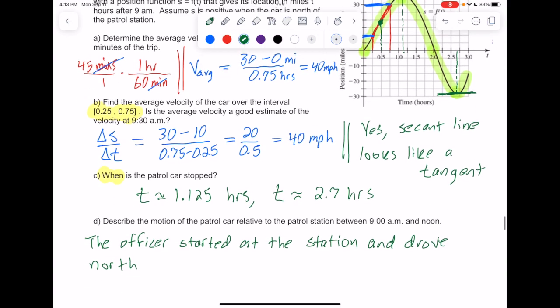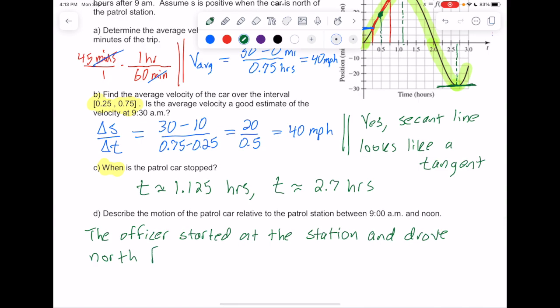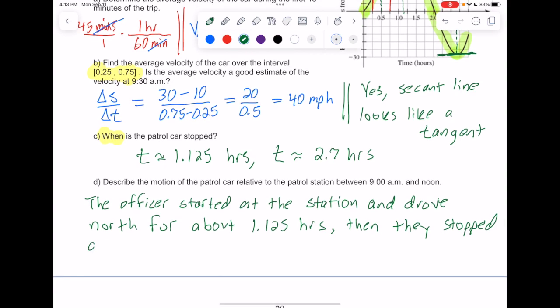For a little over an hour, using our value from above for about 1.125 hours. Then they stopped and headed back towards the station.